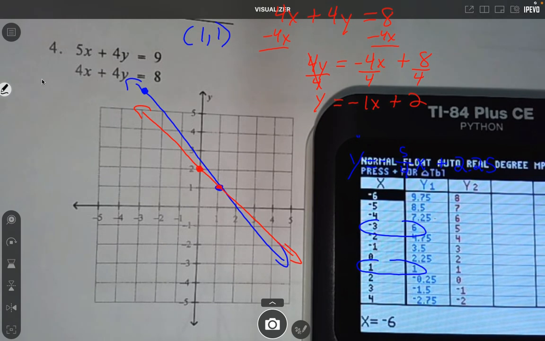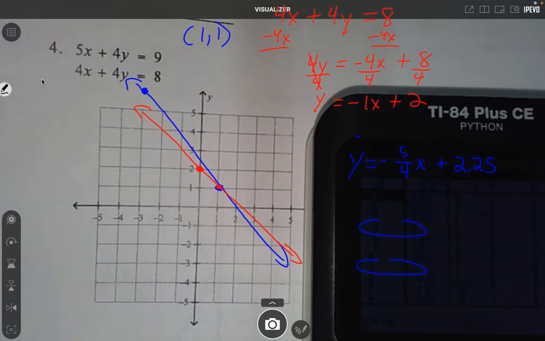Is it just terrible? Your graph on this one is messed up? Oh, yeah, it is. Just press Zoom 6 or ask me if you ever have a problem. If your graph is not in the middle like mine, press Zoom 6 and it'll fix your graph. Okay?